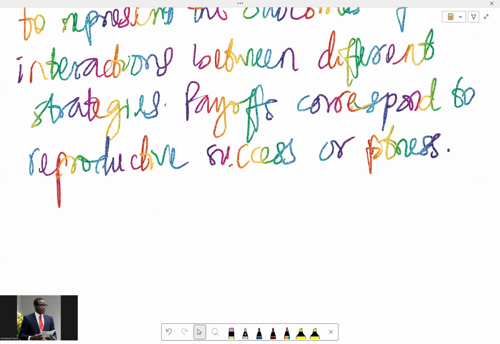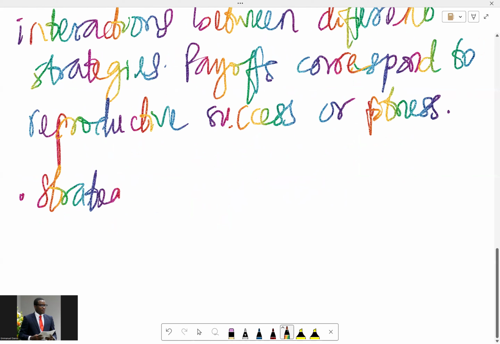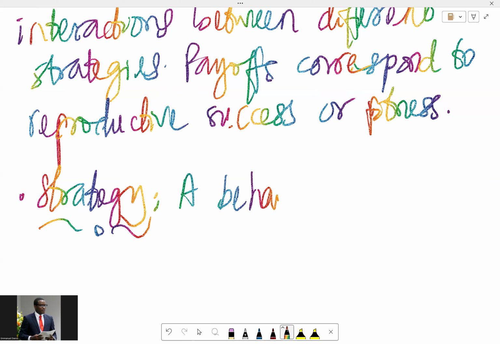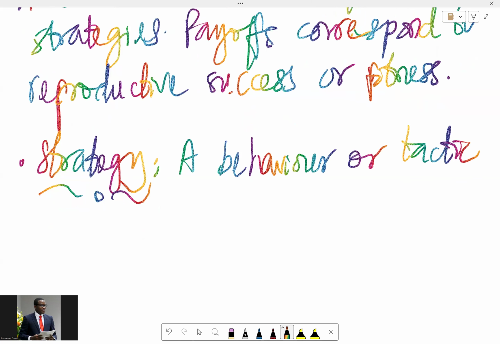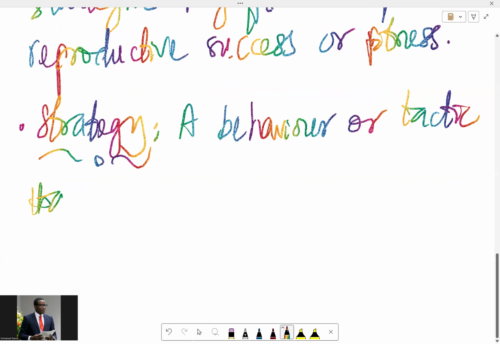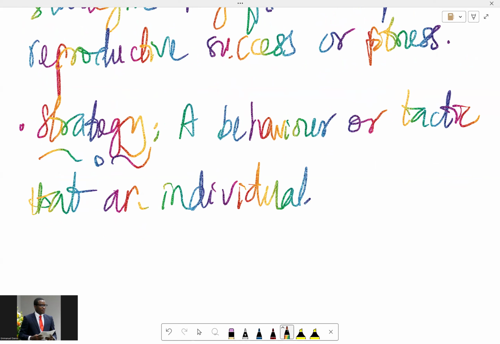Then we talk about strategy. Of course, the basic idea of game theory is that you have players, the players have strategies, and using their strategies, they get certain payoffs. That's the summary of game theory. So the strategy in this case will be a behavior or tactic that an individual adopts in a given situation.